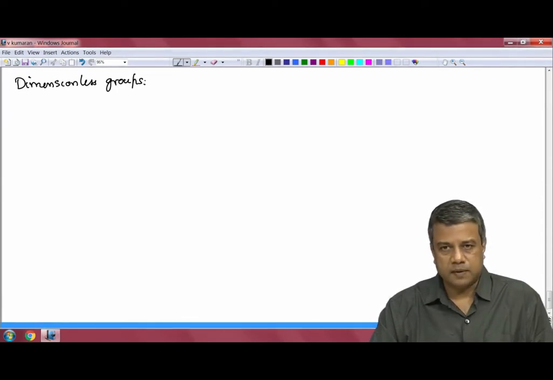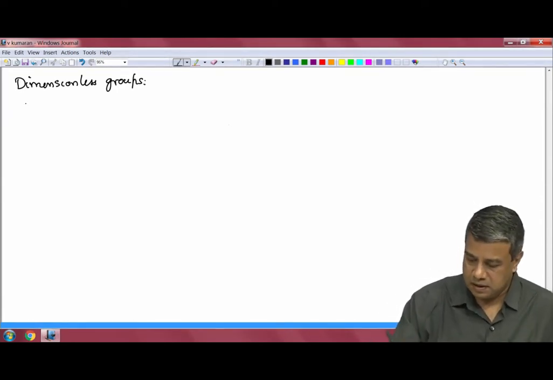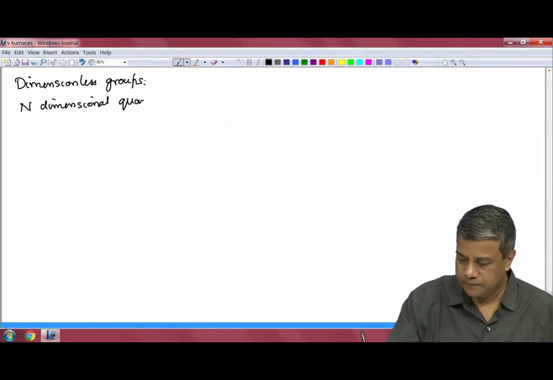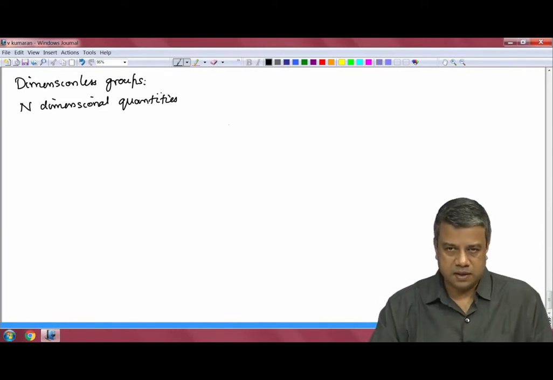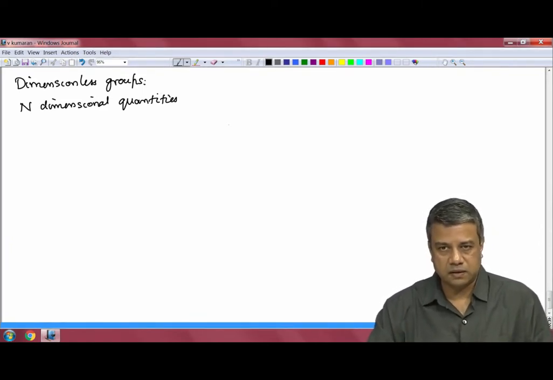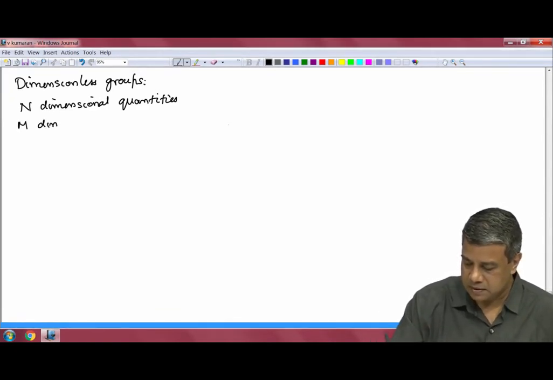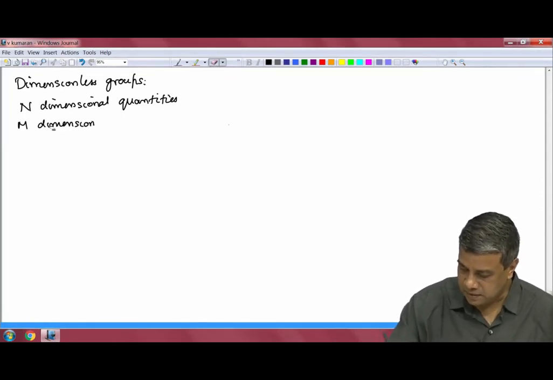If a problem involves n dimensional quantities, okay, which are all related to each other through an equation in that problem, and that has m dimensions, let me write that as fundamental dimensions.